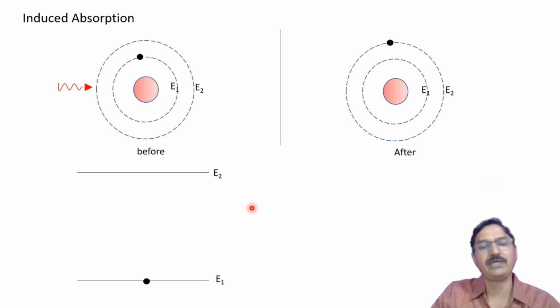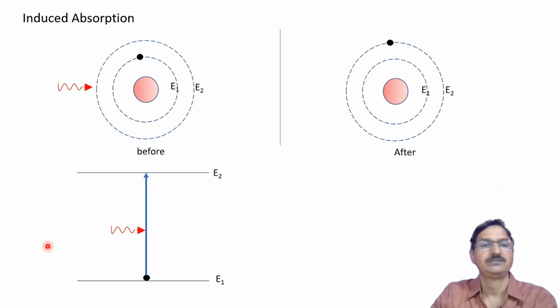The same thing can be explained on the basis of the energy level diagram. Here the electron is in the lower energy state. When such a photon is incident on this, we can see that this electron goes into the higher energy state, or we can say that the atom, which was in the ground state, goes into the excited state after the absorption.